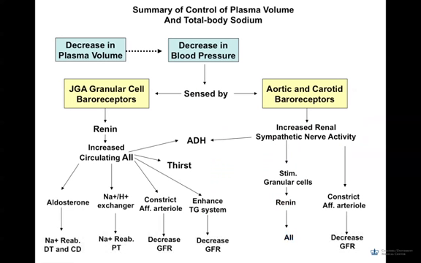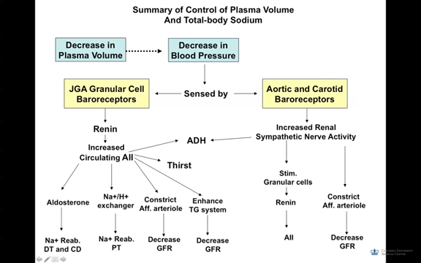So if we look at this in one total thing, we've got the decrease in plasma volume causing a decrease in blood pressure. It's going to be sensed by both sets of baroreceptors, the aortic arch and carotid sinus baroreceptors and the renal baroreceptors.